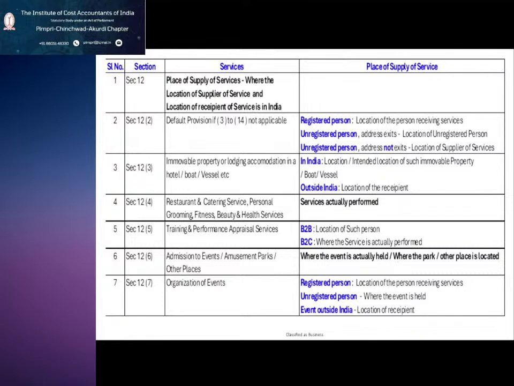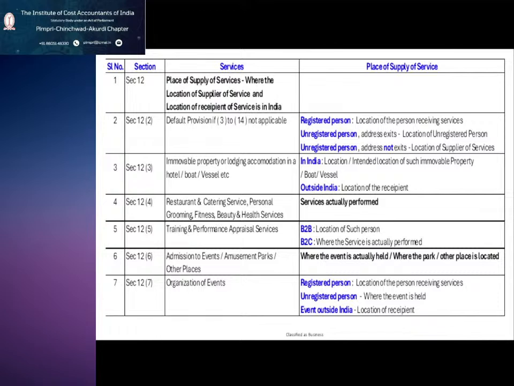Wherever subsections 3 to 14 cannot be applied, we should follow subsection 2 of section 12. In that case, if he is a registered person, then it is the location of the person receiving services.